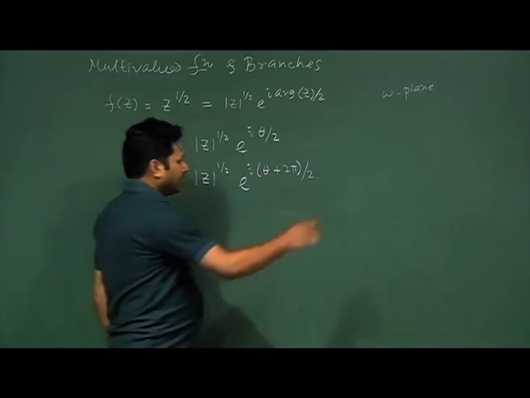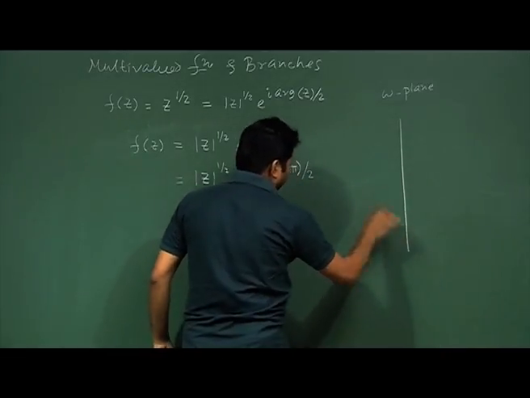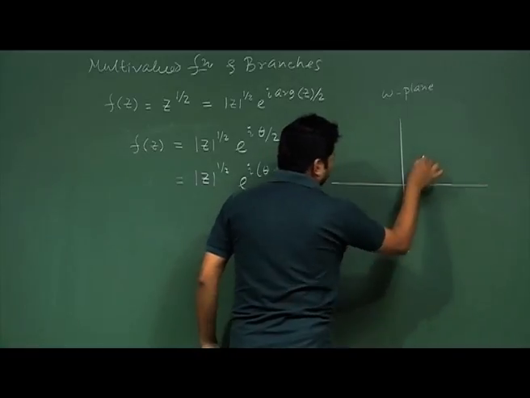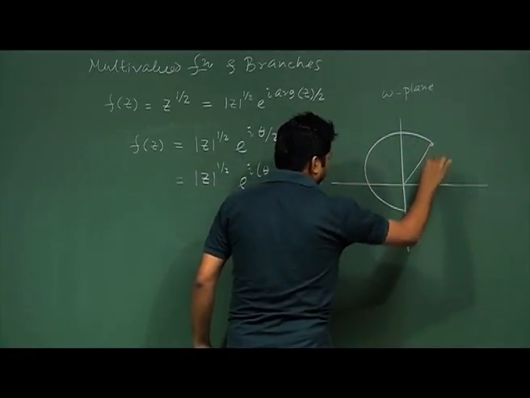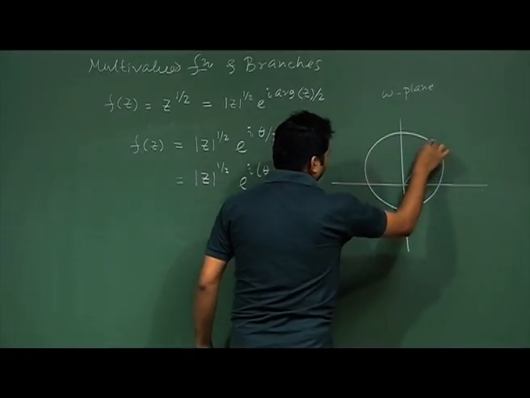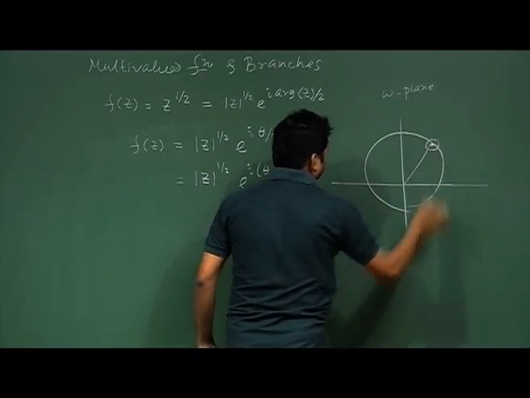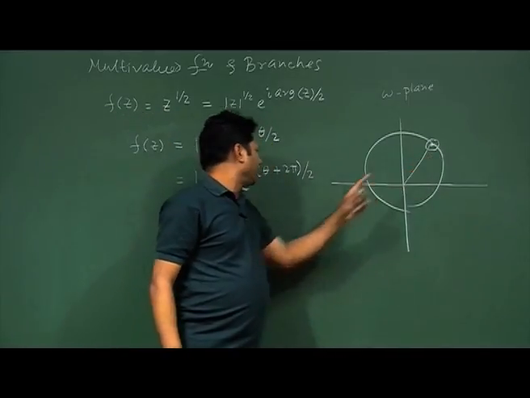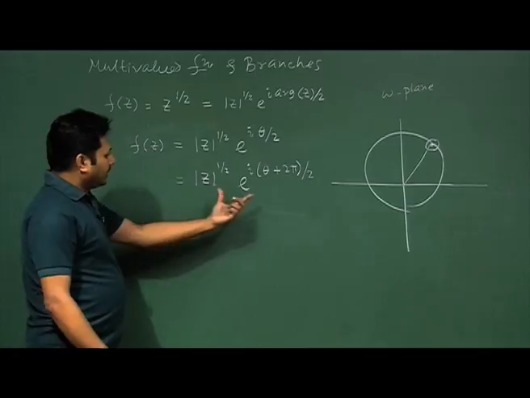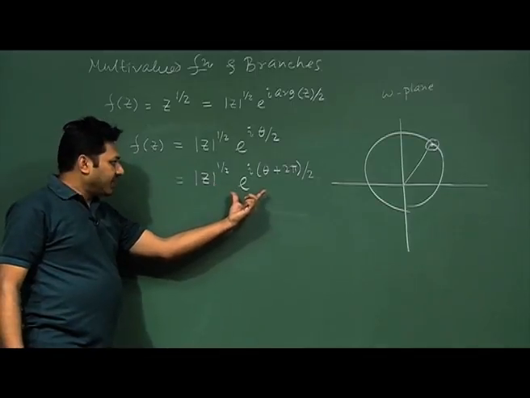Let me draw that once again. This is my z, I rotate and return back to the same point. So the location of z is the same for these two, but let us check the value of this quantity.